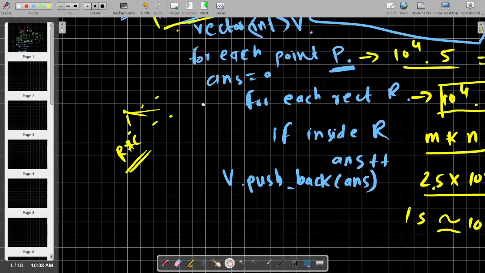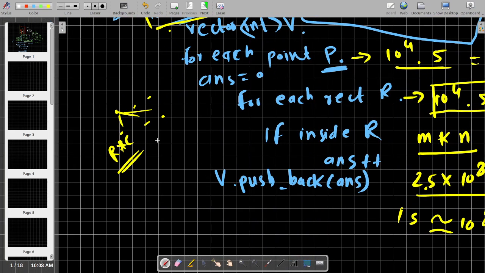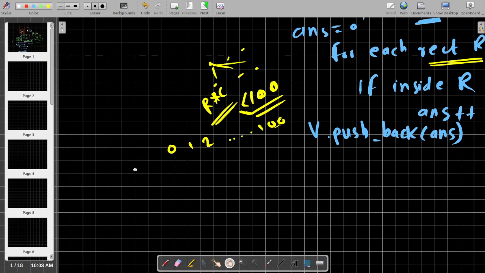Now if you read the constraints, both the y coordinates are less than equal to 100, right? So you know that if the y coordinate is less than equal to 100, you could make the buckets like this: 0, 1, 2, up to 100. By buckets I mean vector lists.